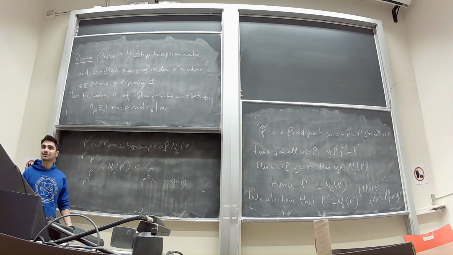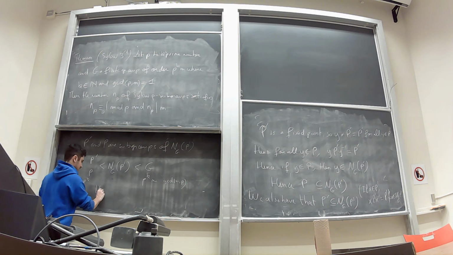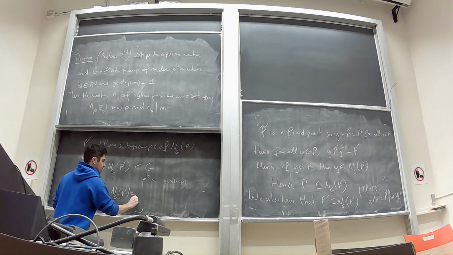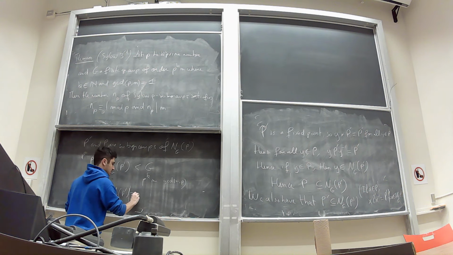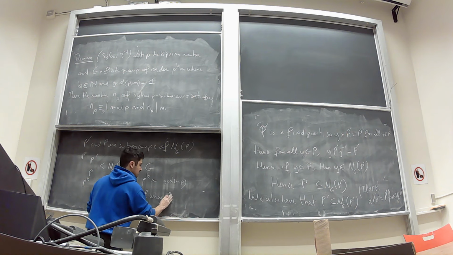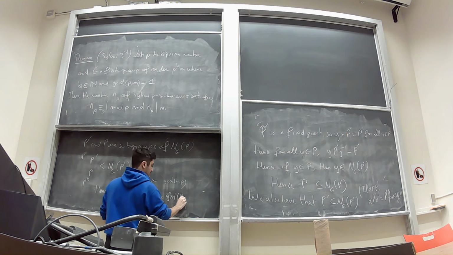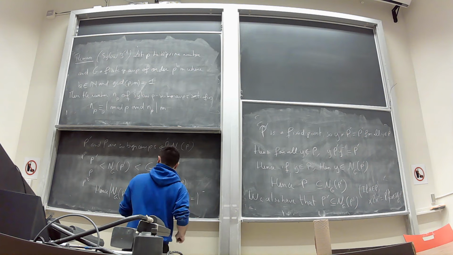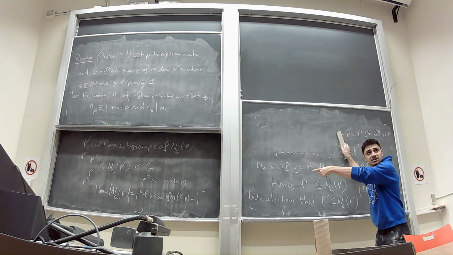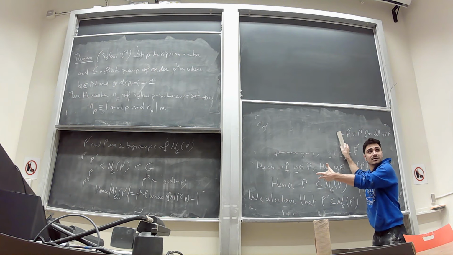So far so good. Is that clear? Hence, N_G(P prime) has size p to the k times l, where gcd(l, p) is 1. Is this number theoretic argument clear?